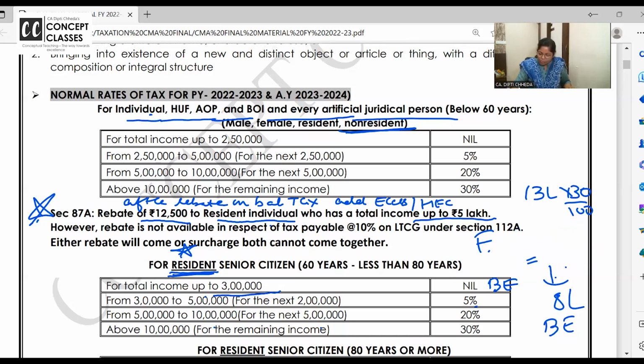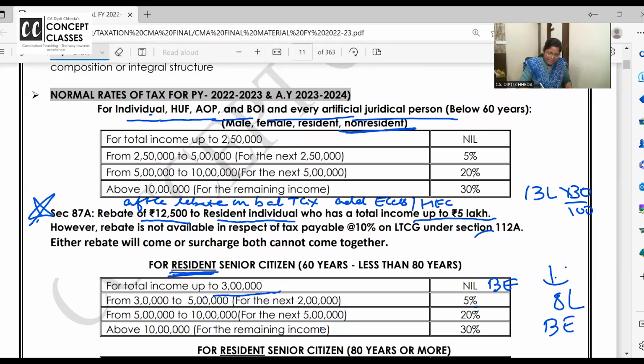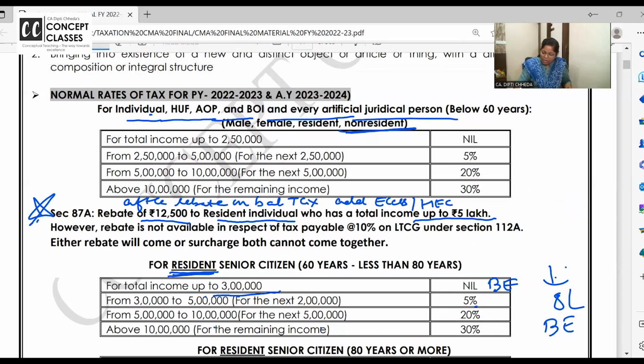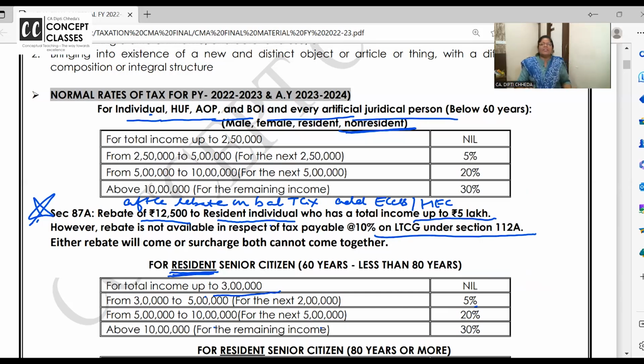Now here this is a super point which says exception to rule wherein rebate is not allowed. What is the exception to rule wherein rebate is not allowed? It is talking about long-term capital gain on shares, 112A. If you have that income, rebate is not allowed.